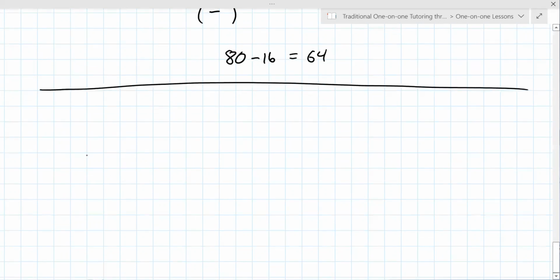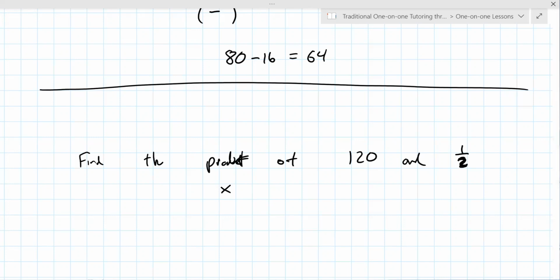All right, find the product of 120 and 1/2. Okay, and product is multiplication or division? It's multiplication. So 1/2 times 120.